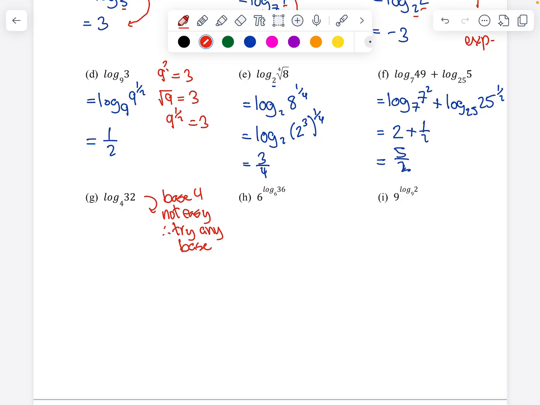This is where you do need to know your powers well so that I can recognize here that yes, I could actually write that as a power of 2. This is 2 to the exponent 5. Well, that helps us because now I can compare my base 4 with the new base here, and hopefully we realize that, hey, I can write this 2 as a power of 4 using a fraction exponent.